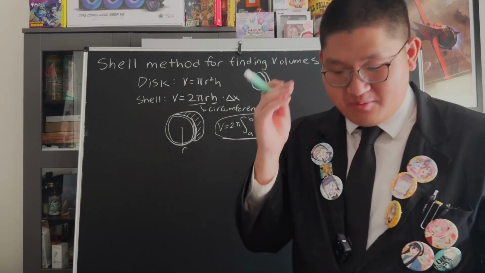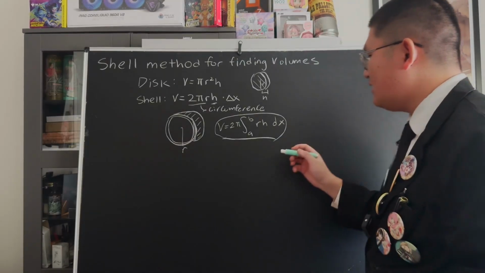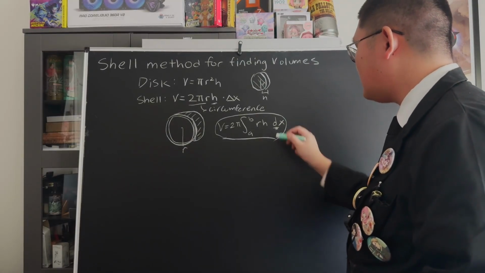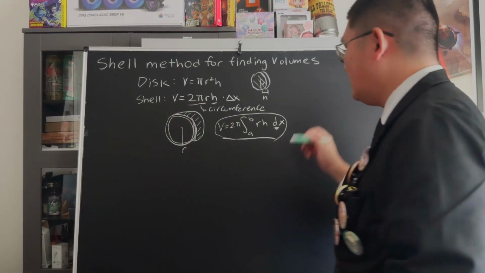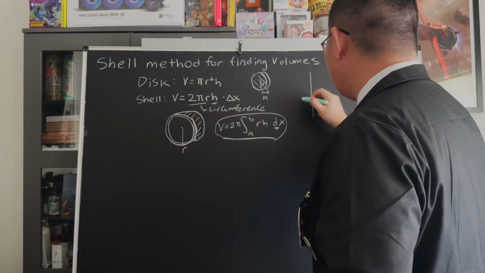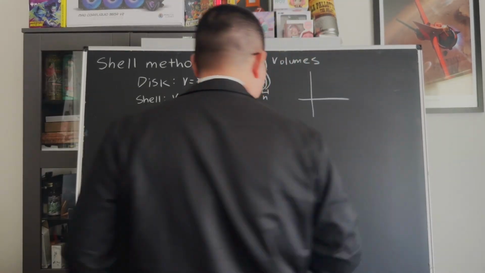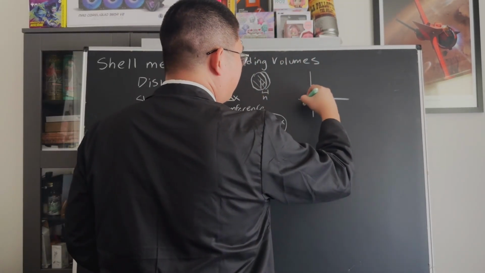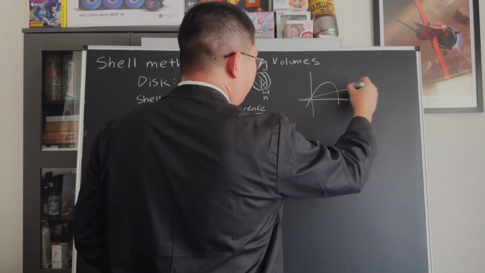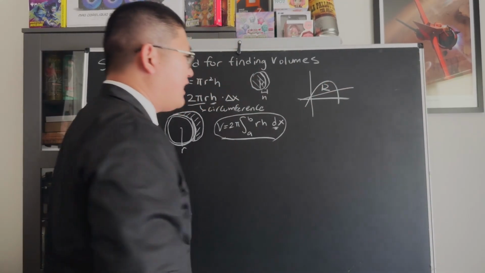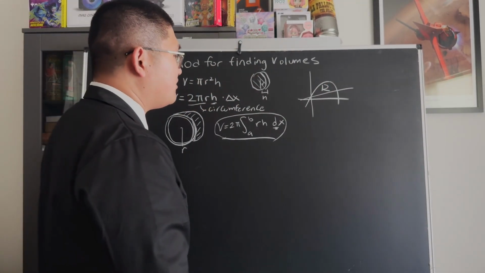So why don't we try to see it this way? Because we have the rotation of a two-dimensional object, let's quickly look at an example over here. So let's say we have some sort of region, let's call it R right there, that we want to find a rotation for.